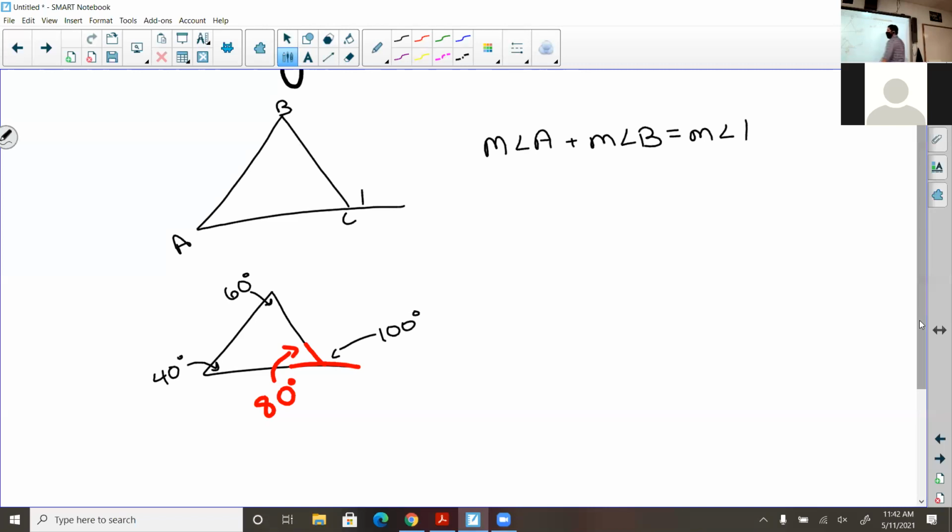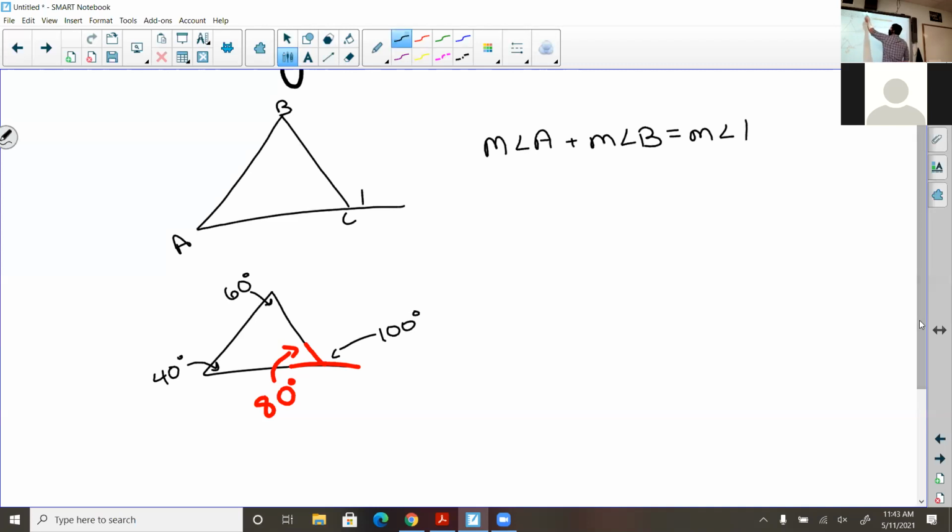Well, a linear pair is made up of two angles, the 80 degrees we just found and everything that's left over. So if this angle 1 exists, right outside of it is going to be the sum of the other two angles, because that linear pair has to be everything else that isn't 80 degrees. So every single time we can add these two angles together, and that will give us this exterior angle.